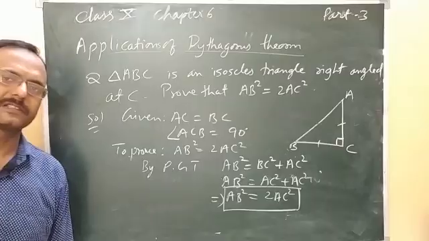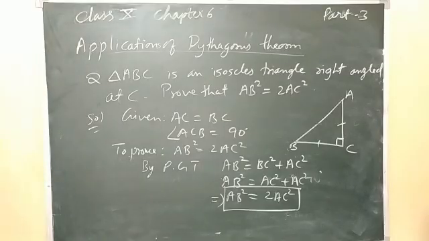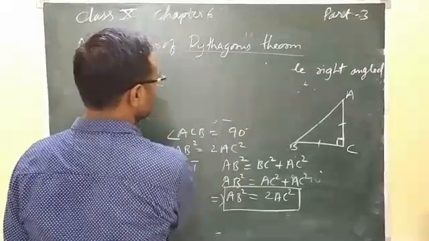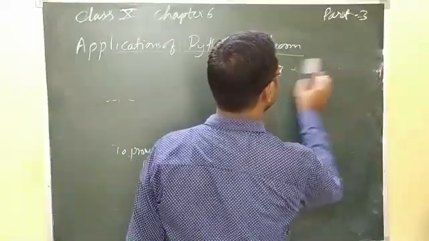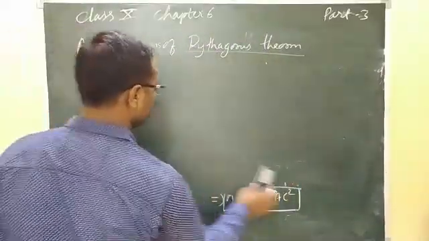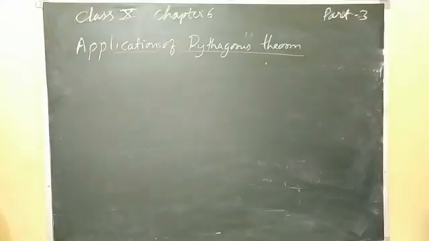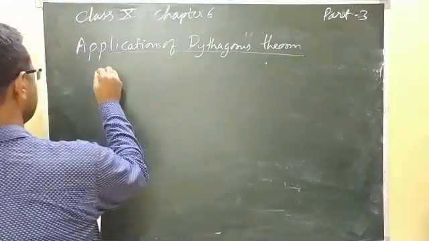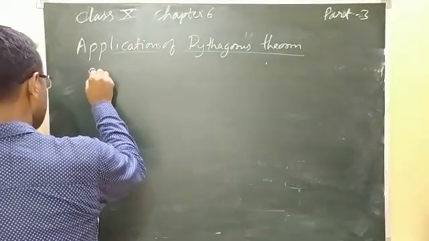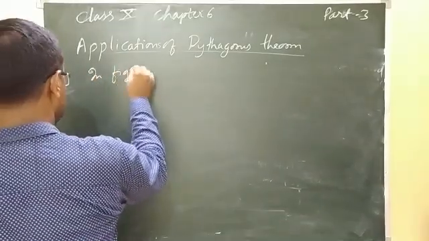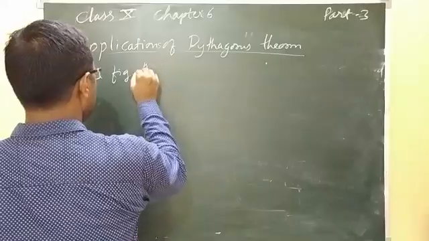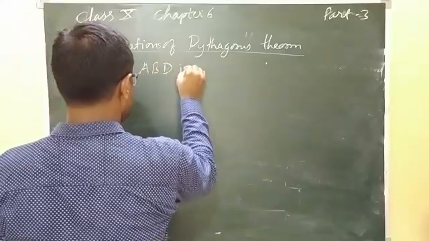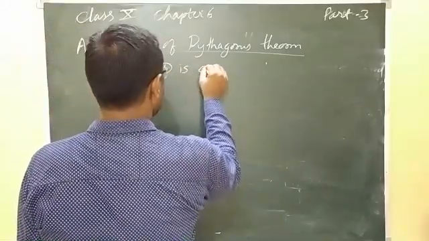Coming to the next, second question. Our second question is, in figure ABD is a triangle.